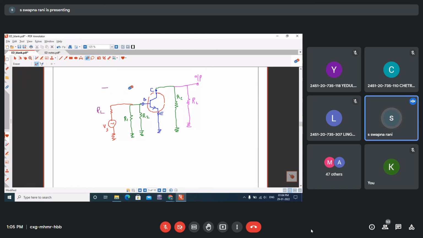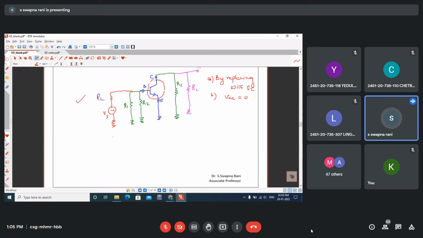So this is the circuit, the first circuit you need to draw by replacing capacitors with short circuits and VCC zero. By following these two steps, you get this first circuit.